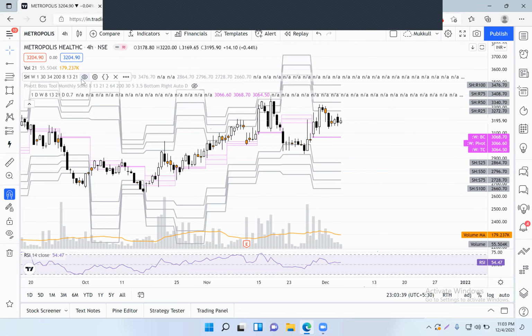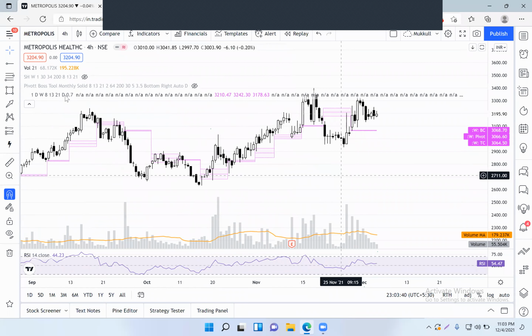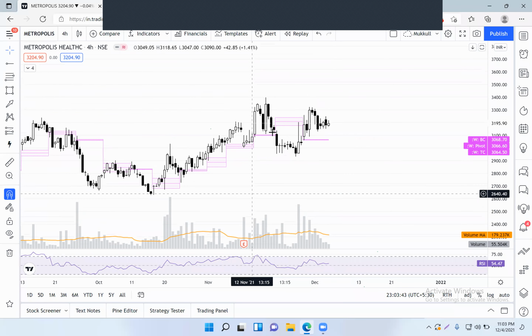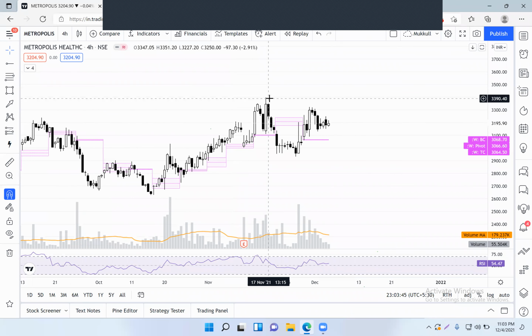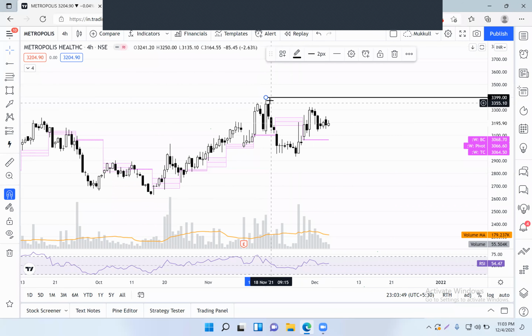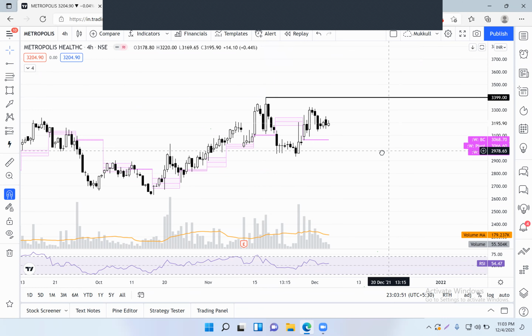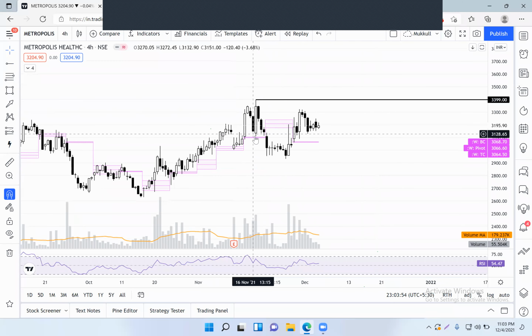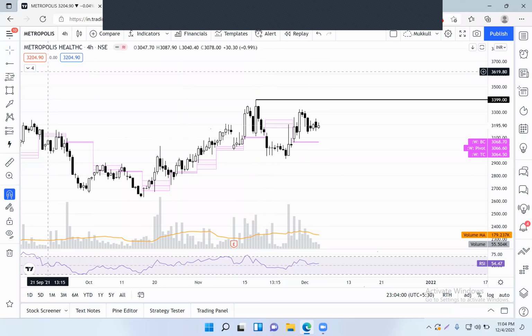If I switch this off for a minute, just have a look. Rally, okay, high. This is swing high, and this is the mother candle.